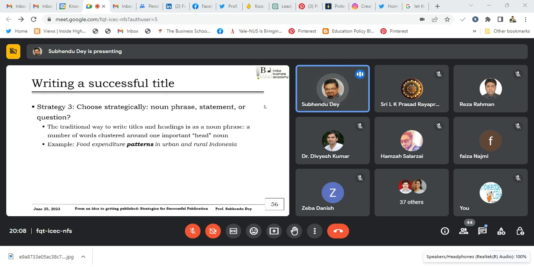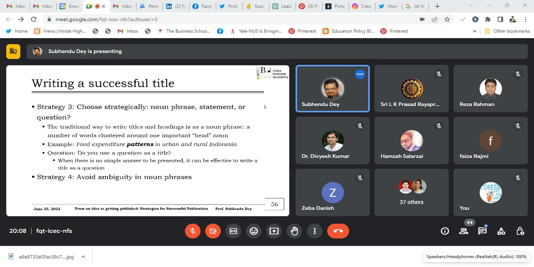Pattern can come as a verb also, but in this case, it is a noun. Now, if you look at it, food expenditure patterns in urban and rural Indonesia. So it describes everything around the patterns. So this is another way of writing titles. Now, do you use a question as a title? When there is no simple answer to be presented, it can be an effective way to write a title as a question.